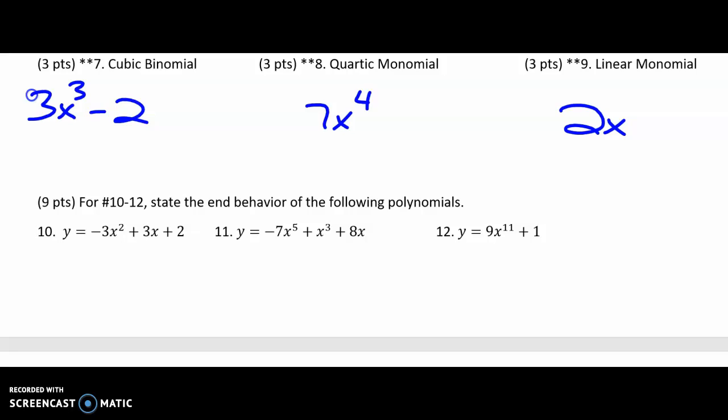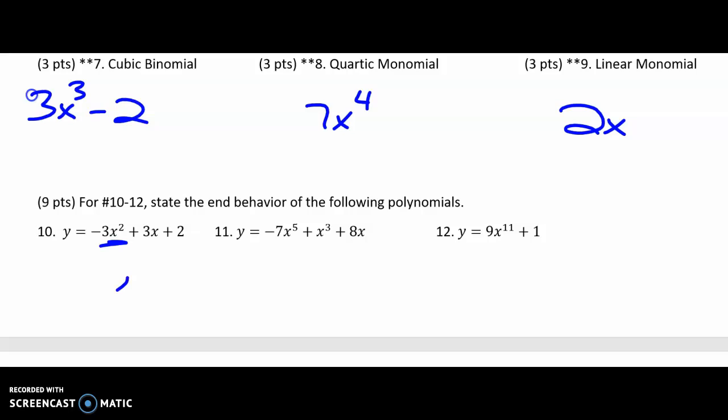The last section on this front page here, okay, is end behavior. So those are those arrows, those are that 3-star that we talked about earlier. Okay, the only term you are concerned about is this very first term. This very first term tells you all the information you need. First thing you need to look at is, is this term positive or negative? In this case, it is negative.